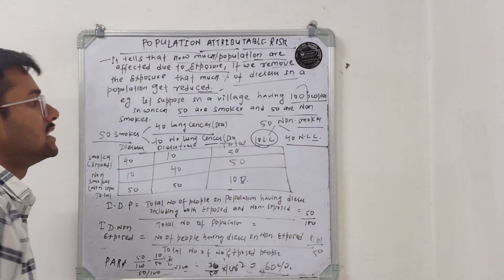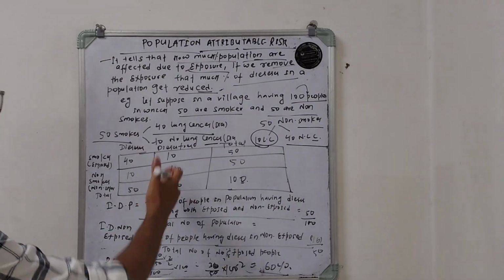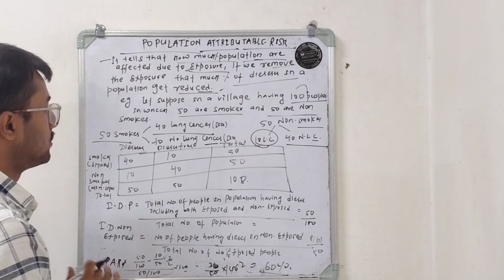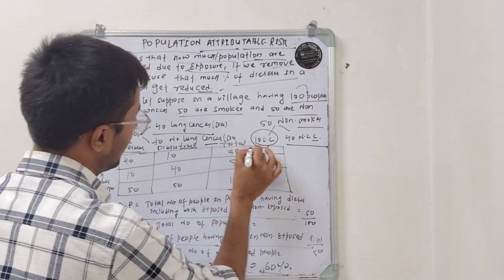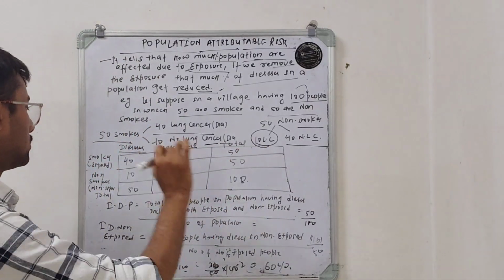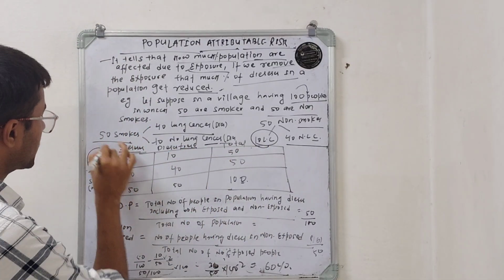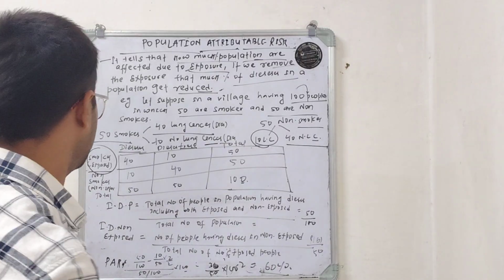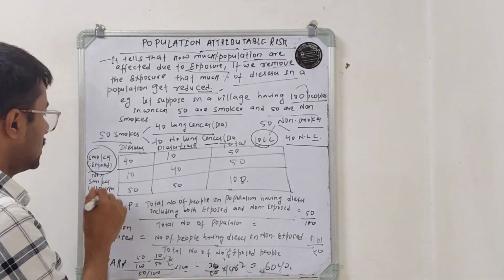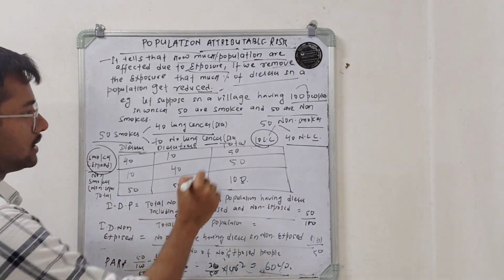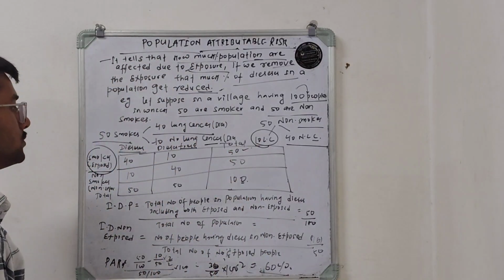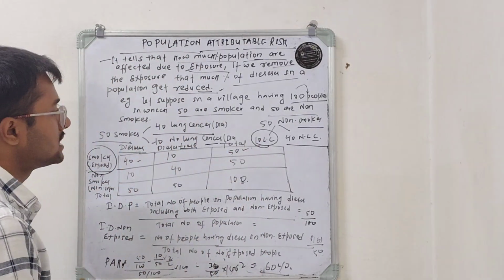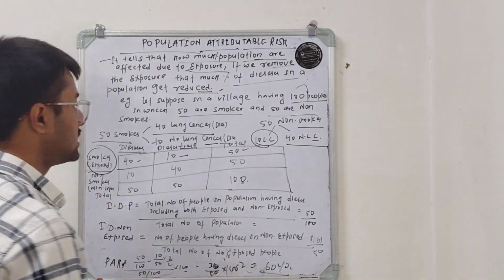On the basis of this data, we can formulate a table. In the table, on one side we write disease, non-disease and the total population. Smoking is the exposure or risk factor. There are total smokers, of which 14 have the disease and 10 are disease free.